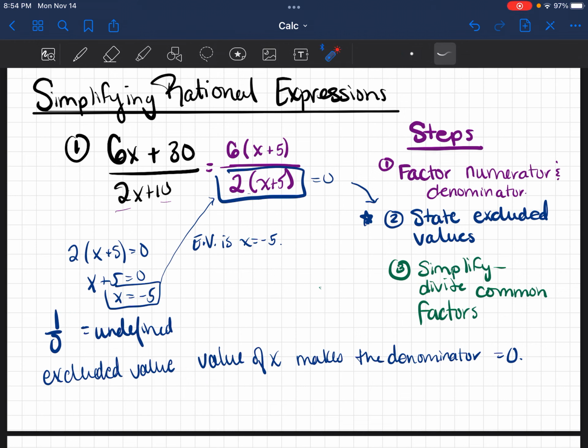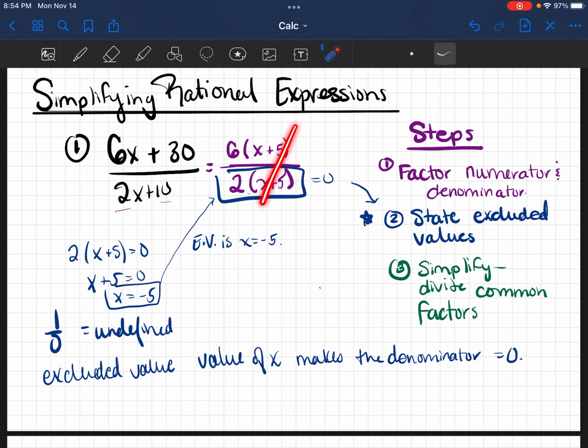So our final step is to simplify and divide our common factors. So looking at our factored version here, I can see that there is a common factor of x plus 5 in the numerator and the denominator.